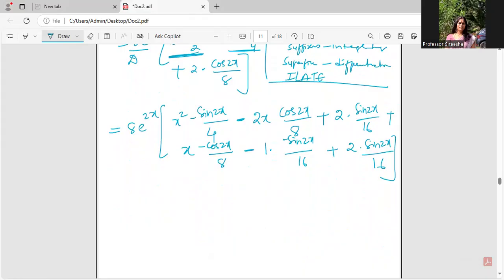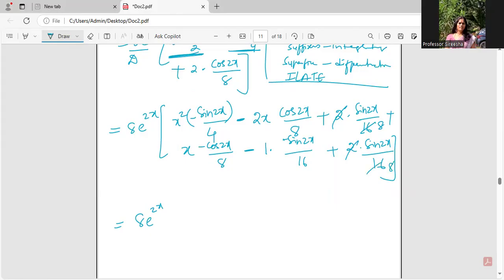So the final answer would be 8 e power 2x. I have done both x squared and sin 2x at a time because I had 1 by d squared. So what I'll be having would be, this is a minus sign. I'll take out common terms first and then write sin 2x by 4. This again is 8 and this is also 8.